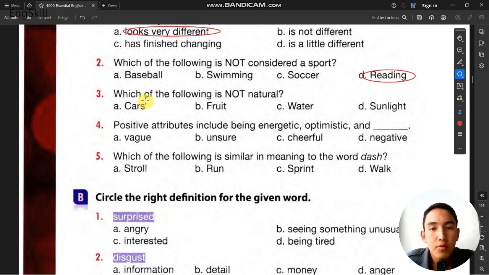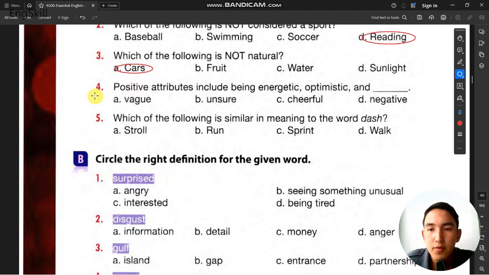Number 3. Which of the following is not natural? Cars, fruit, water, sunlight. Cars are not natural and they are made by people. Number 4. Positive attributes include being energetic, optimistic, and vague, unsure, cheerful, negative.